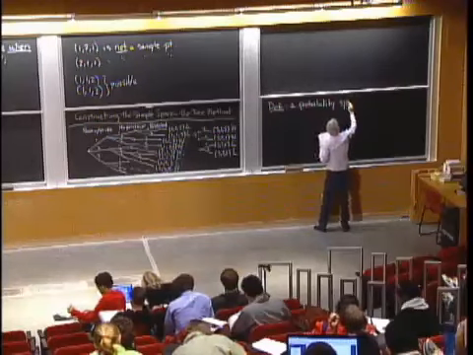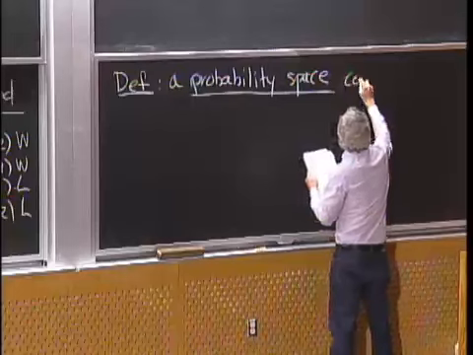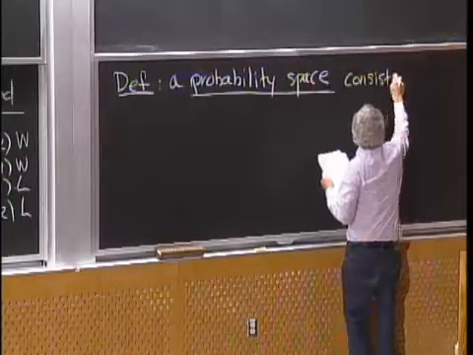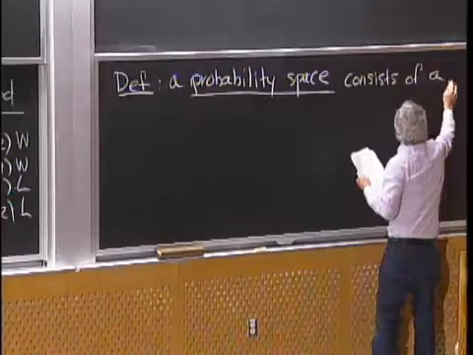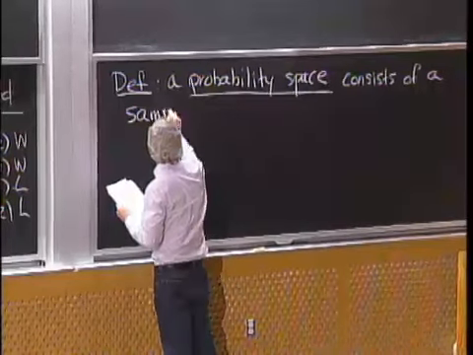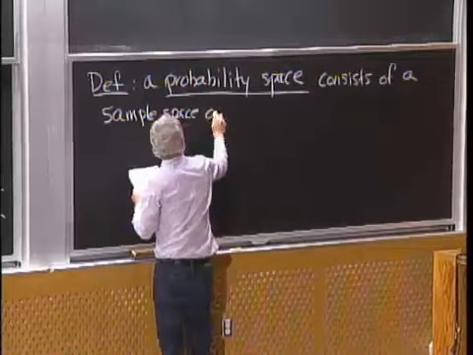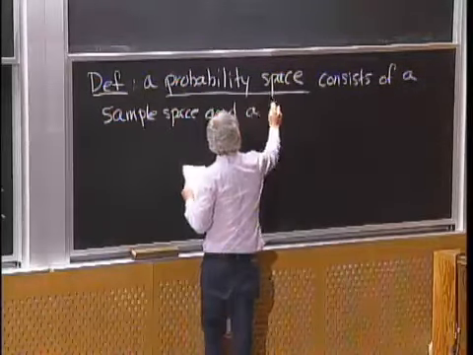The probability space consists of a sample space, which we've already talked about. That's just all the outcomes. And a probability function.